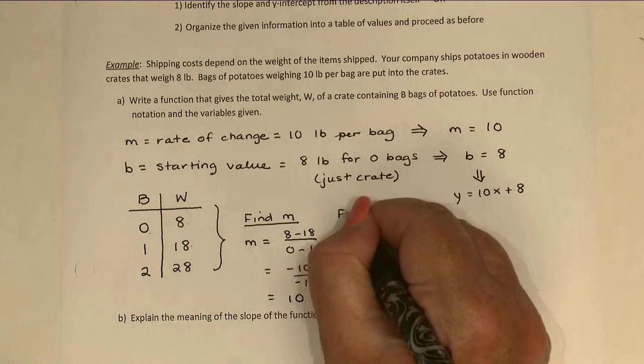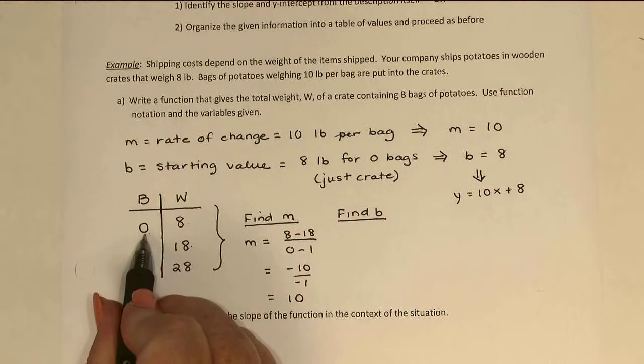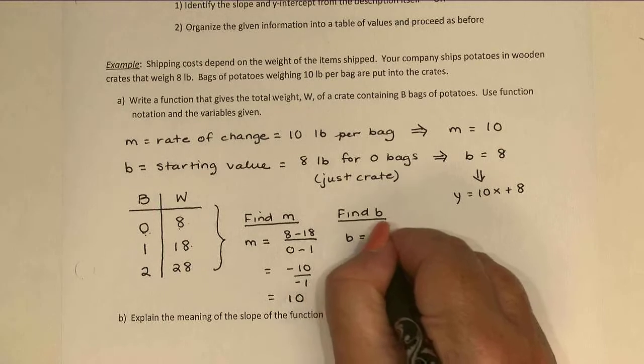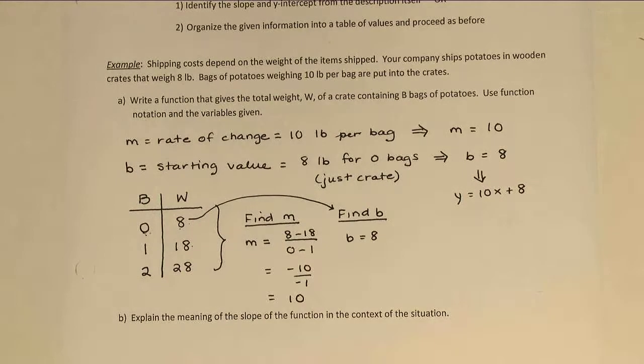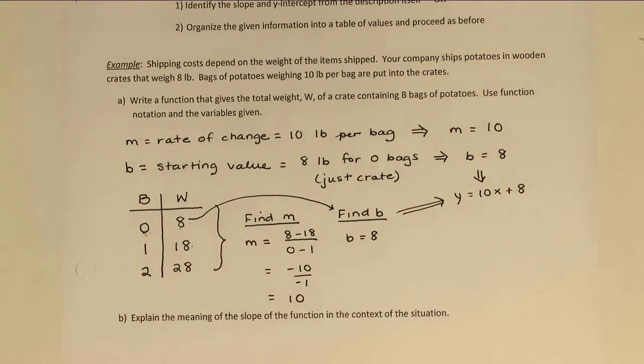And as far as finding b, the y-intercept is really given here. At 0 bags, we had 8 pounds. And so that way, we come up with the same final result. y equals mx plus b. y equals 10x plus 8.